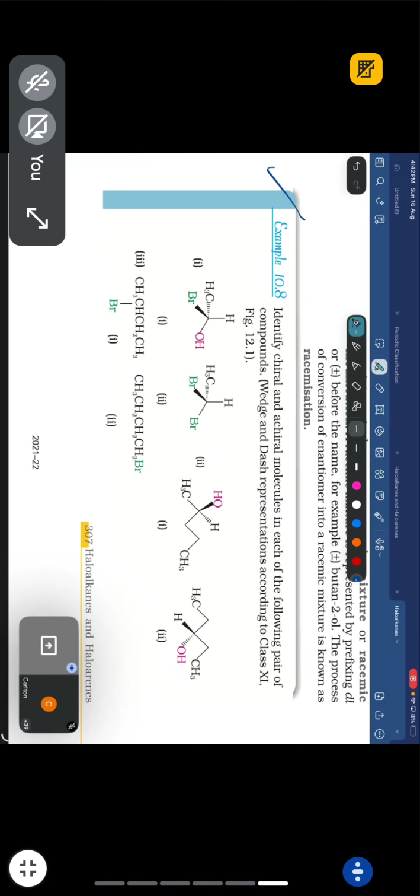No. So you have to check for a carbon containing 4 different groups. So please check. And when you find a chiral carbon, put a star mark.